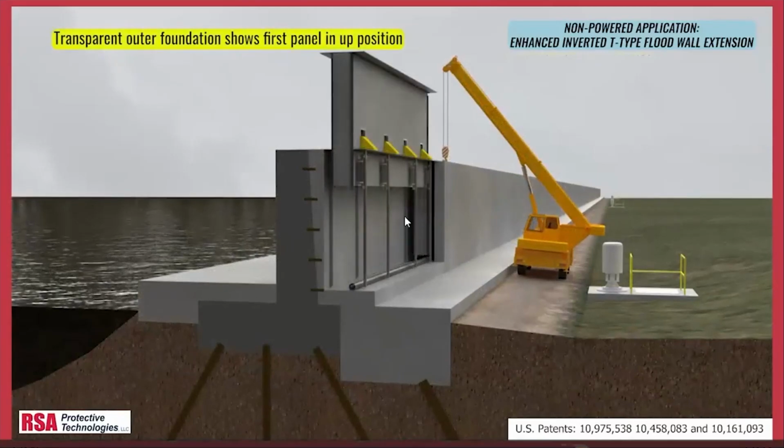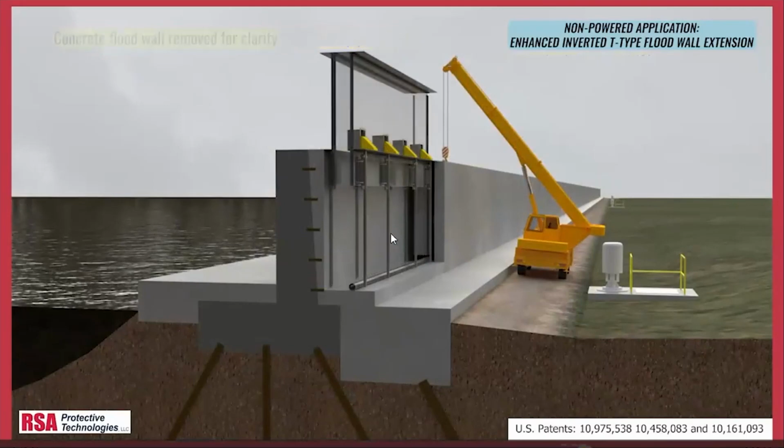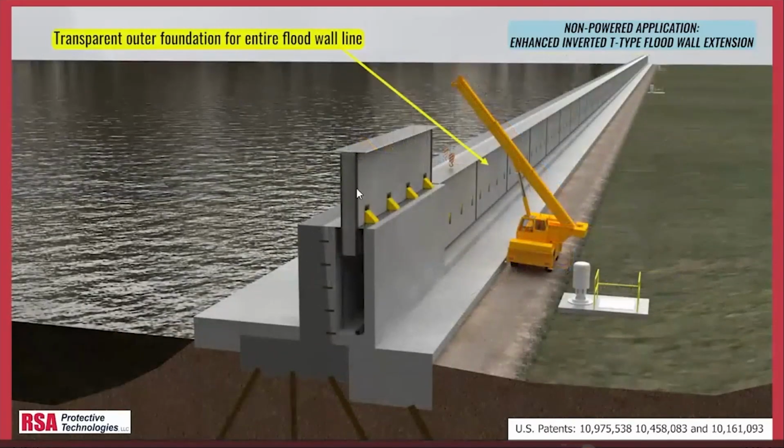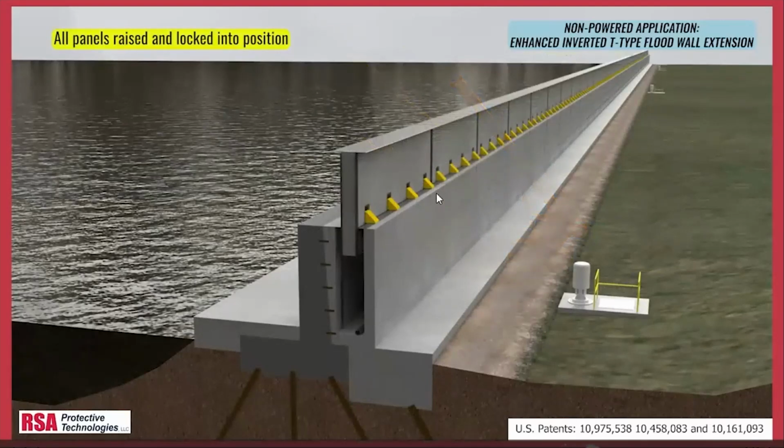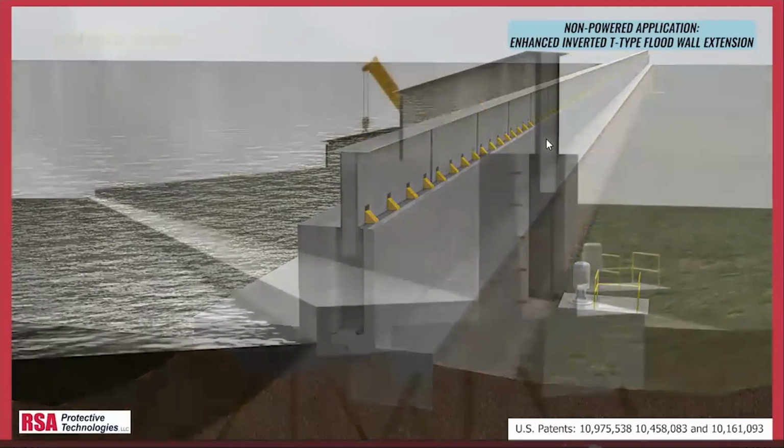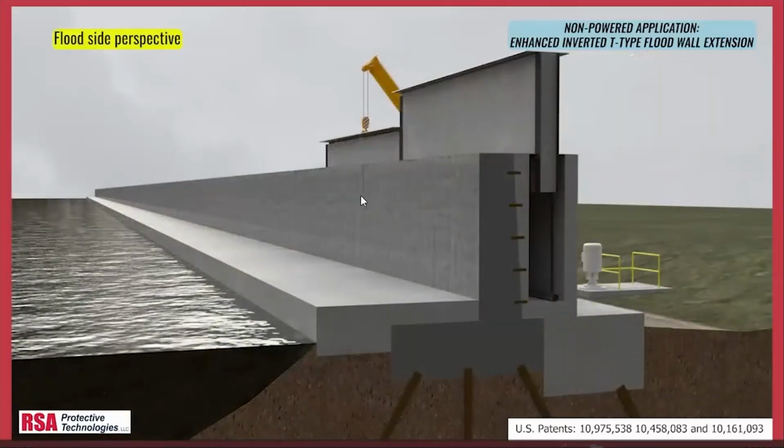This shows the foundation walls transparent so that you can see some of the features inside. There's no winch, so it's just the guides and the up blocks that are the only features in there, and the seals. It shows the full row of panels in the up position, and the same image from the wet side.